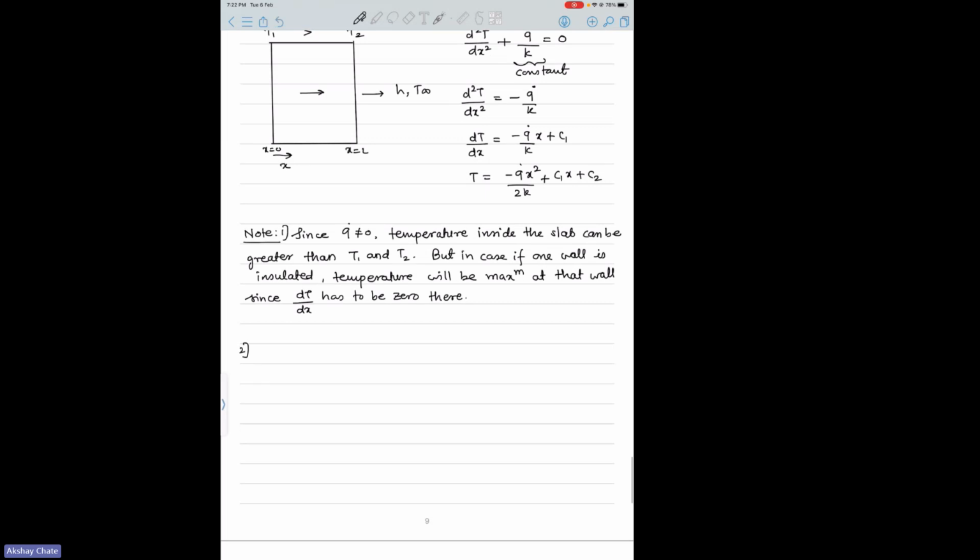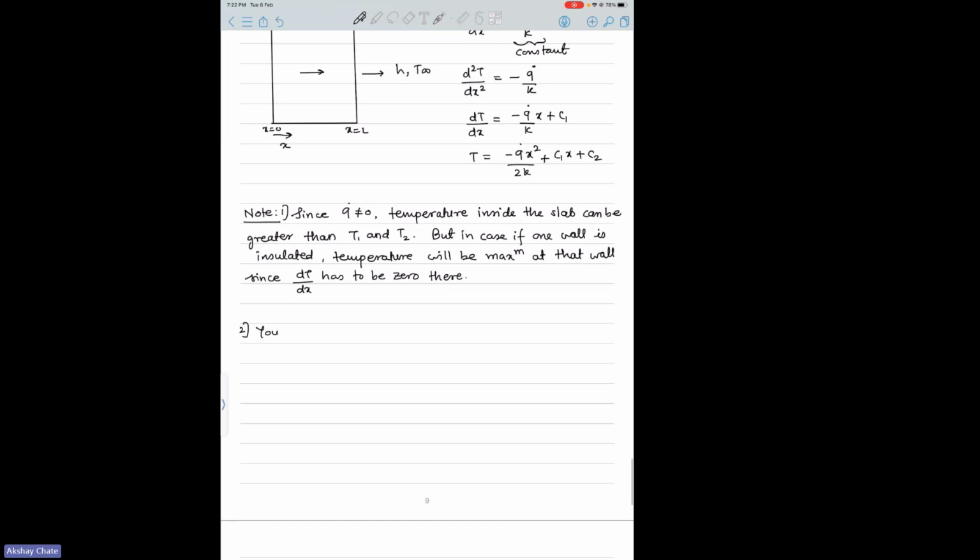Second note, you cannot draw or use the resistance network analogy inside the slab.